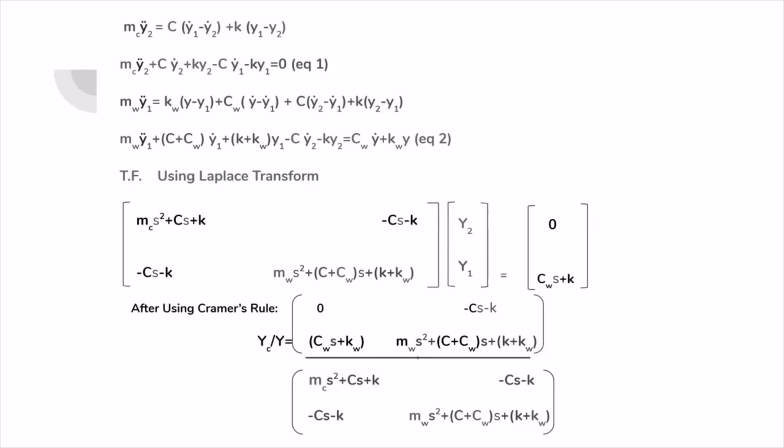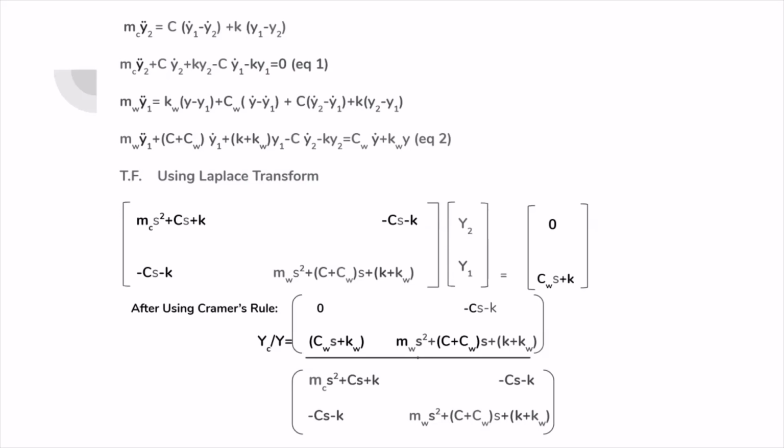We use Laplace transform so that S can represent the derivative of the given displacement values. We set equation 1 on the top. So we have MCS squared plus CS plus K, which represents our Y2 values for equation 1.